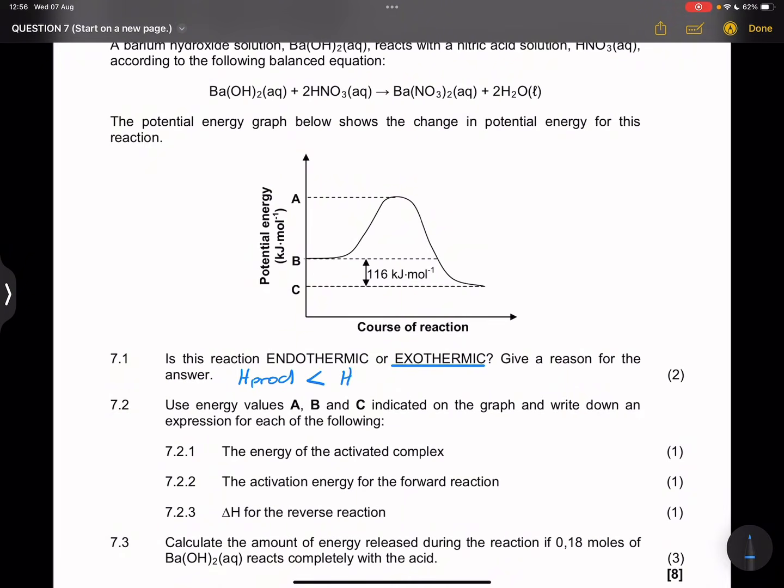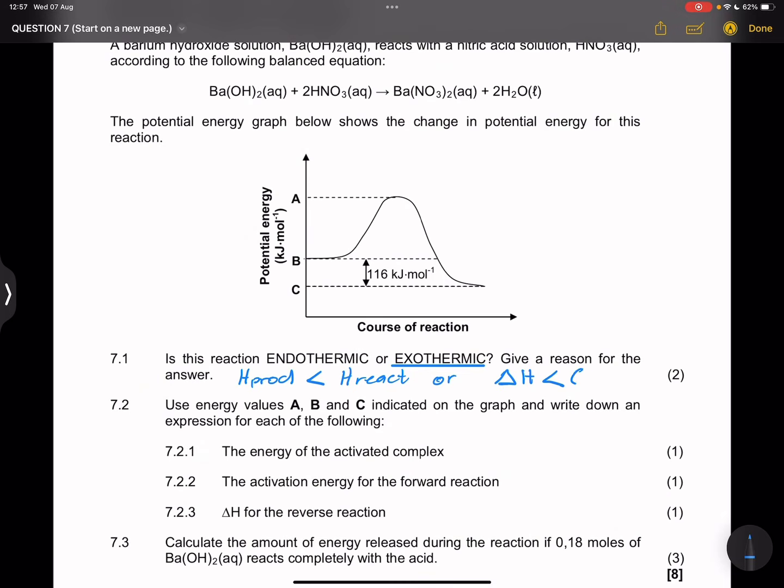Or you can say that our delta H, which is obviously going to be the value of the products minus that of the reactants, will actually be negative. So our delta H value will be less than 0.